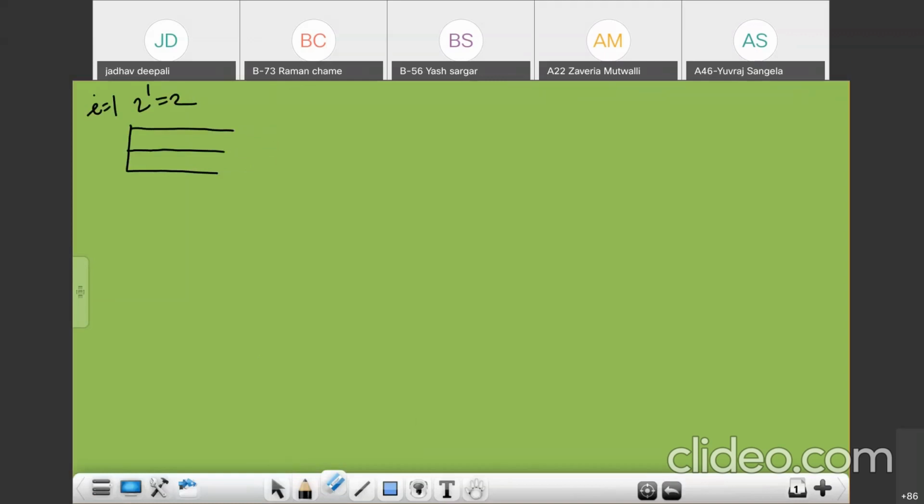Is it clear? One points to the records which start with 0, and another points to the records which start with 1. Initially we consider there is only one bucket, and in one bucket we can store 2 records.